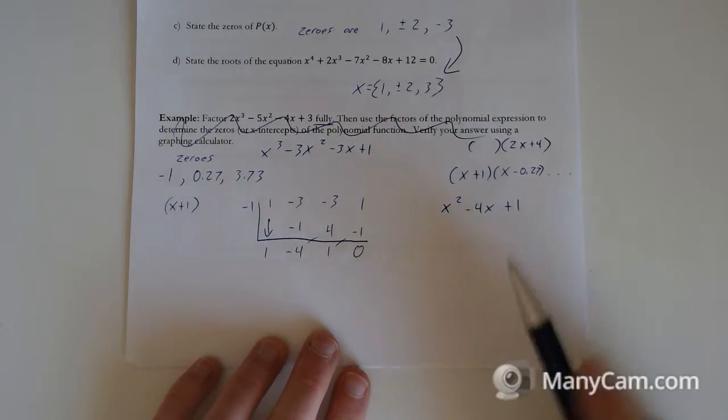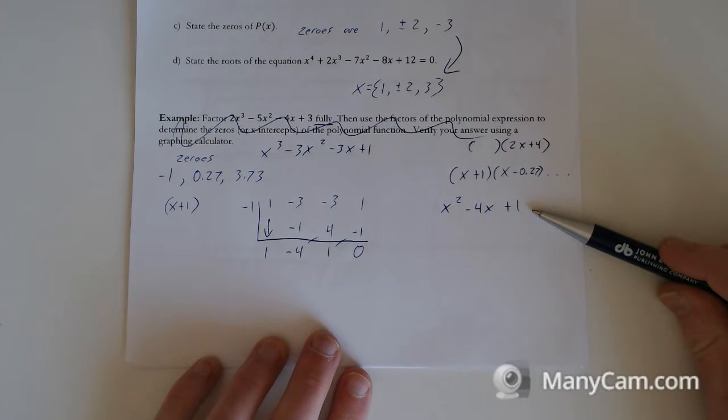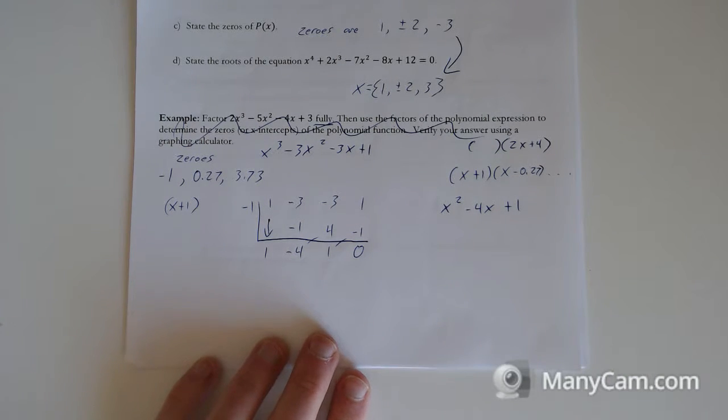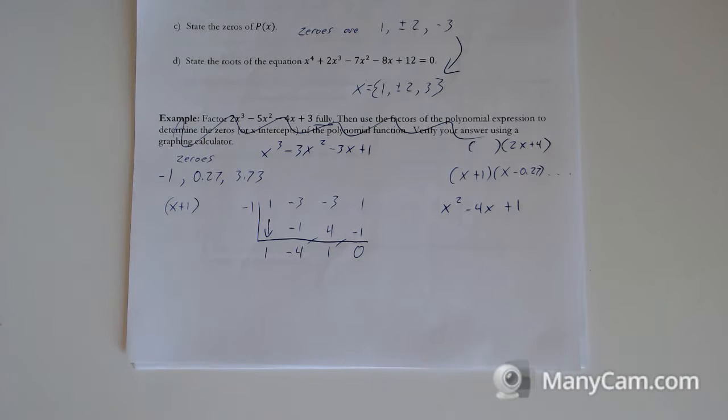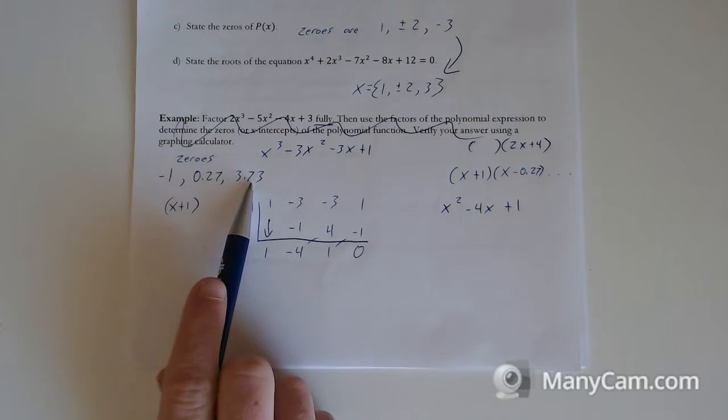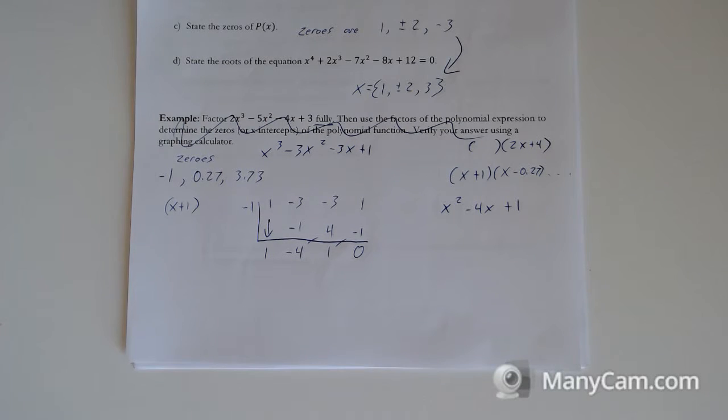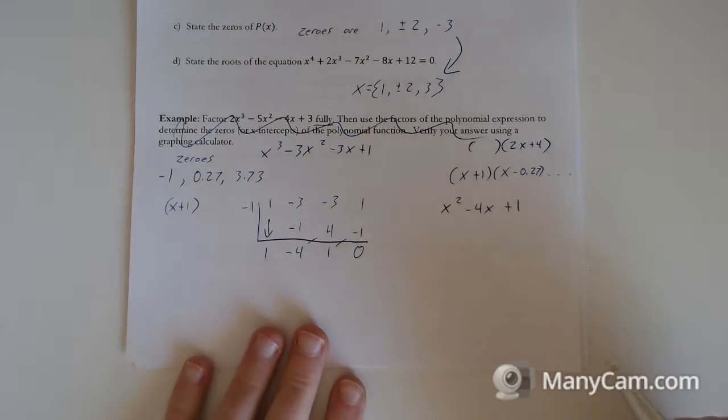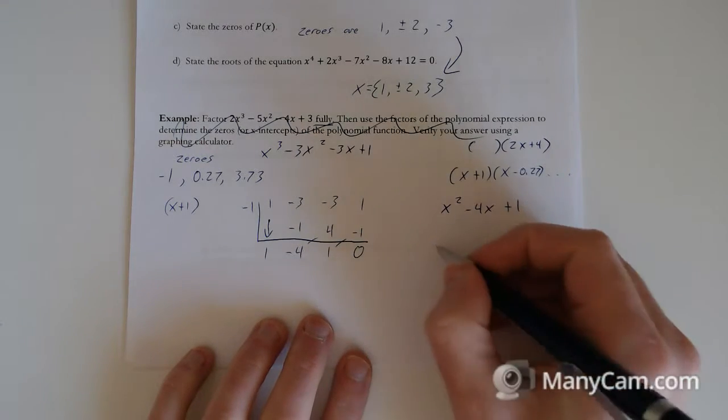Now we need to find the solutions to this. You could try to factor it, a number that adds to -4 and multiplies to +1, but you're not going to be able to find it. It's not an easy fraction or an easy integer, of course. So what we're going to do instead is the quadratic formula.